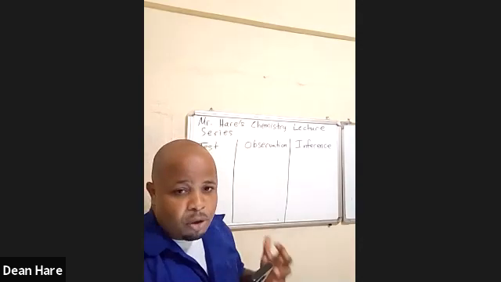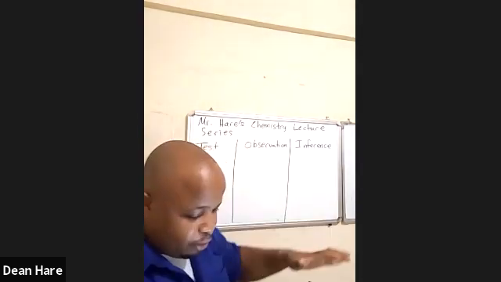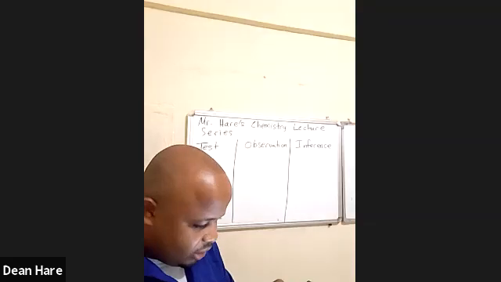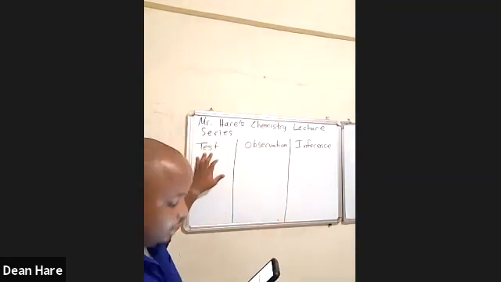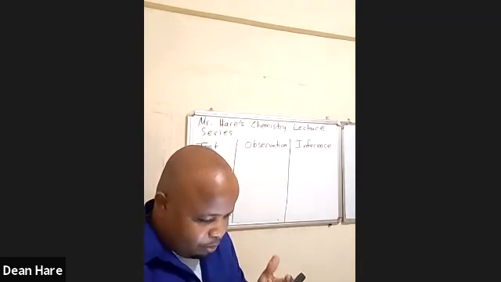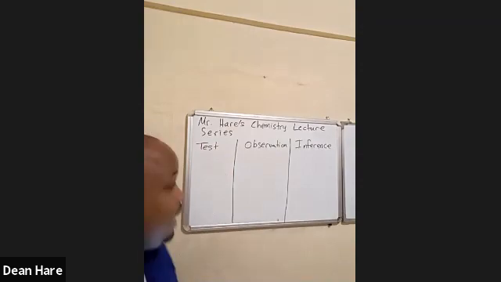All right, so for qualitative analysis, you will get a table: test, observation, and inference. Under the test, it says to a portion of M, add aqueous sodium hydroxide until in excess.